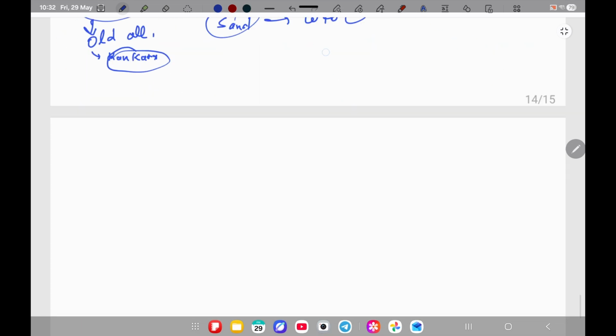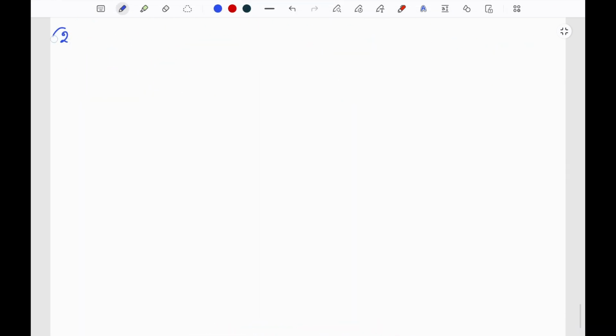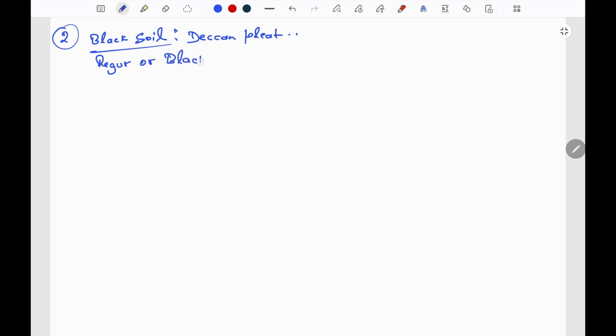Now moving on to the next one, which is black soil. It covers the most part of Deccan Plateau. Also known as Regur or black cotton soil.